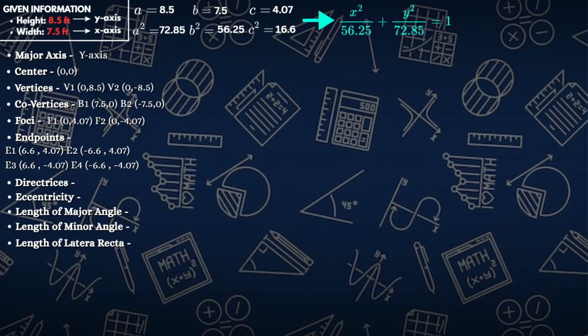Input that in your calculator. Our h is 0 and b squared over a is 6.6, so 0 minus 6.6 is negative 6.6. And k plus c is again 4.07. So our endpoint 2 is correct.